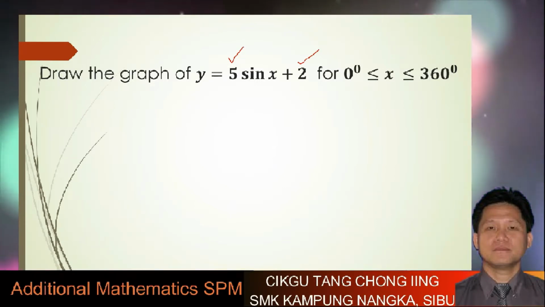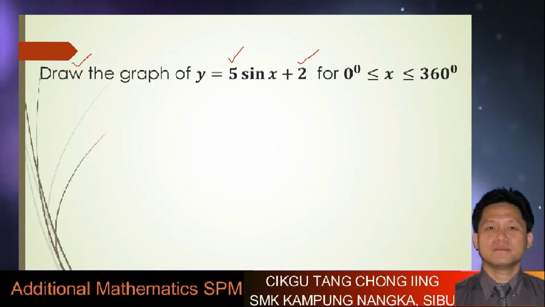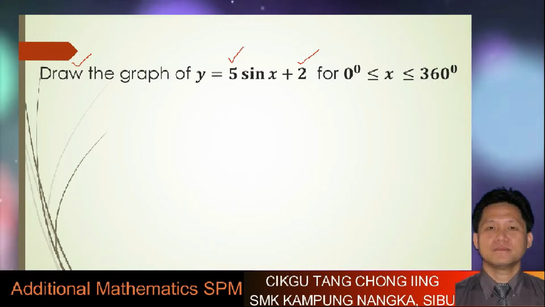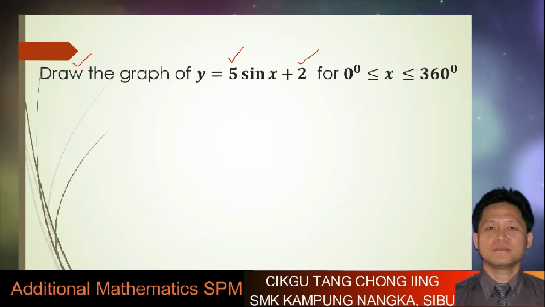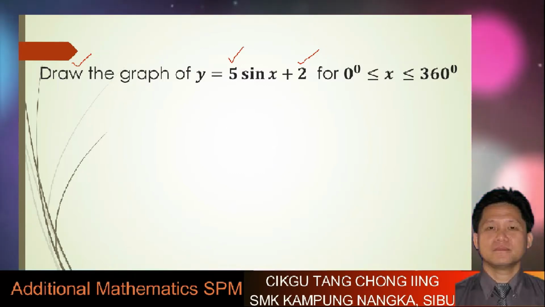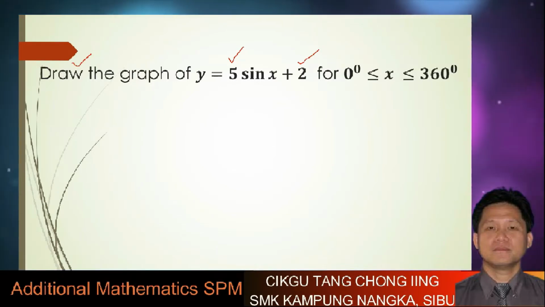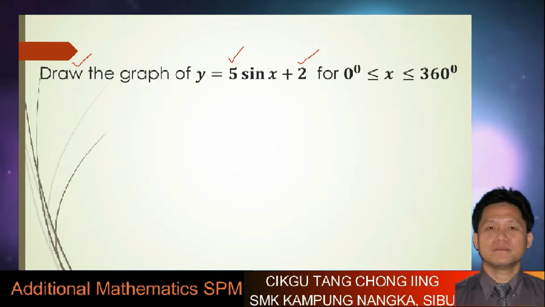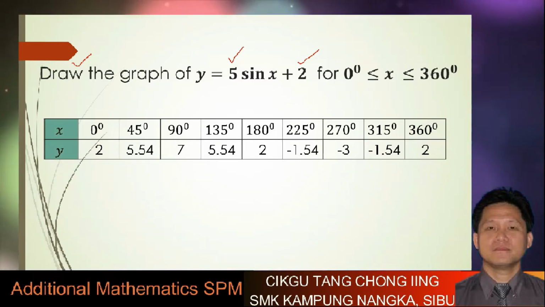Then an important point to note here also is the word draw. So when we are asked to draw, it means you have to use a piece of graph paper, you need to have the x-axis and the y-axis, and you have to plot the points first before you can draw the graph, and therefore we need a table, right?